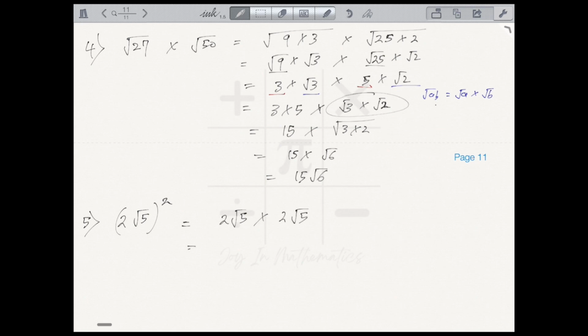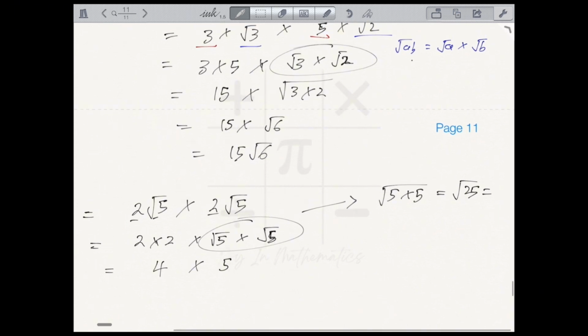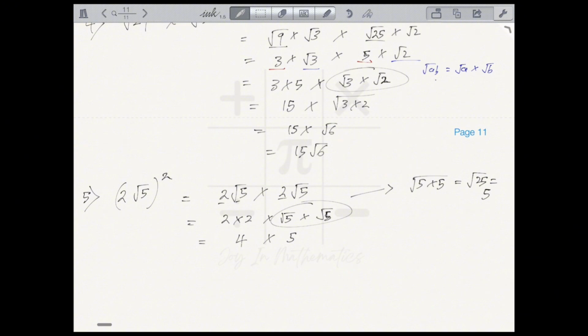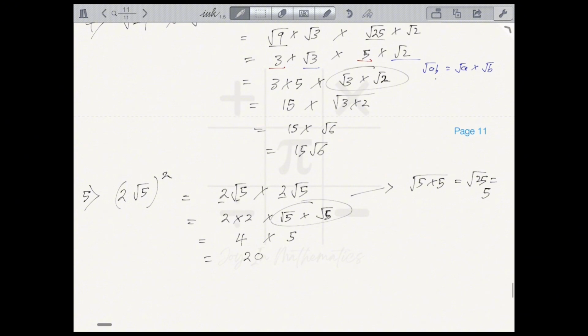So just like we did before, we multiply the whole numbers, 2 multiplied by 2, and then we multiply the surds. 2 multiplied by 2 is 4, and root 5 multiplied by root 5 is simply 5, because this will give me root 25, which is equal to 5. So this will give me 20.